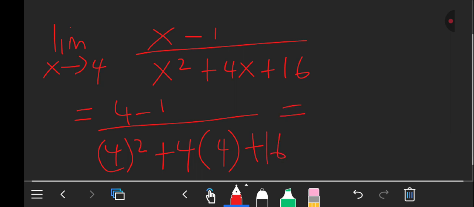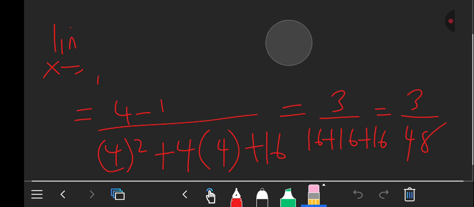So this will be equal to 4 minus 1, that is 3, over 4 squared, this is 16, 4 times 4, that is again plus 16, then plus 16 also. So we're going to have 3 over 16 plus 16 plus 16, that should give 48.